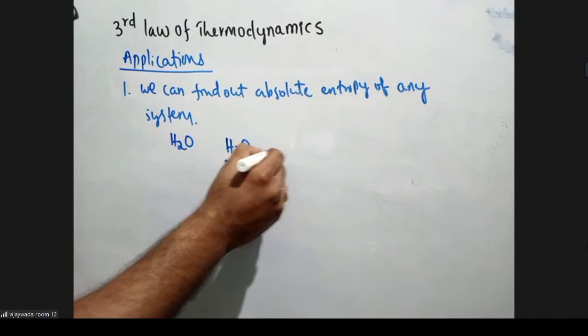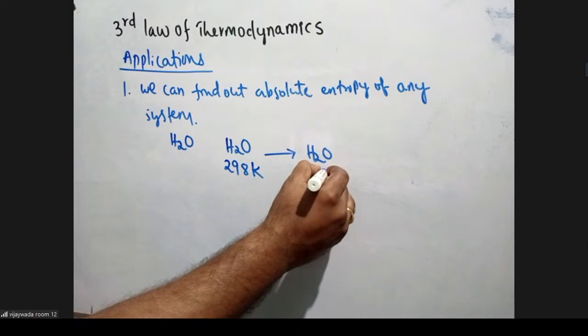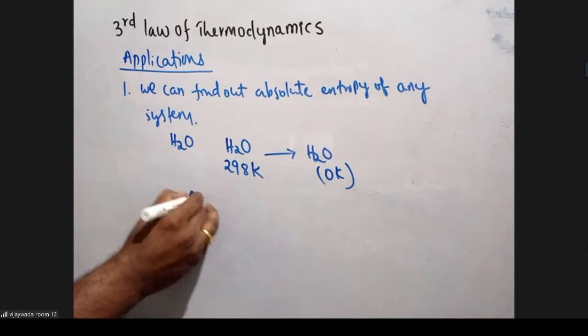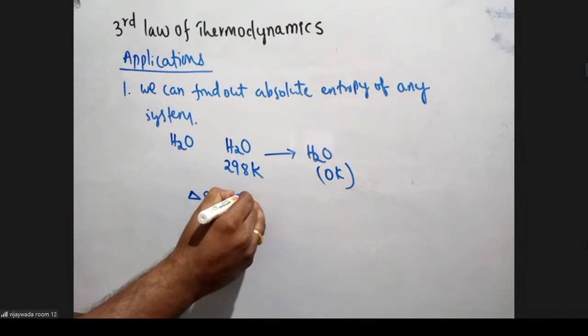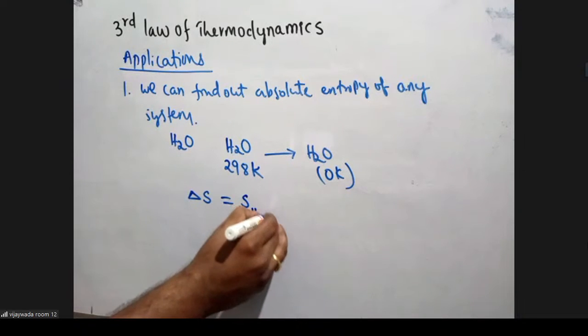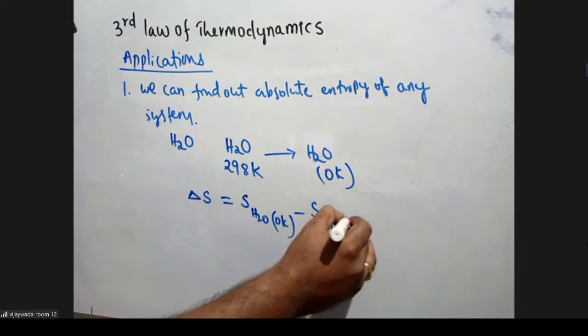I can convert this water into solid form exactly at 0 Kelvin by lowering the temperature. Now the change in entropy delta S for this is final minus initial. What is final? Entropy of H2O at 0 Kelvin minus entropy of H2O at 298 Kelvin.